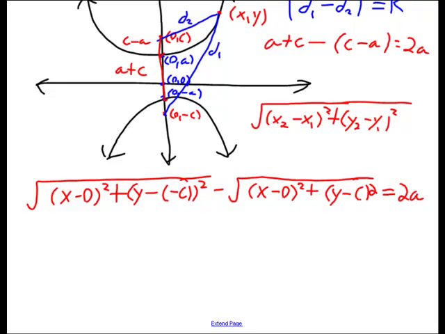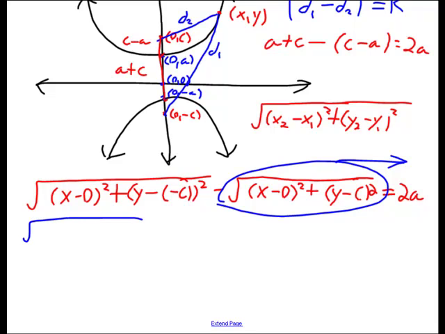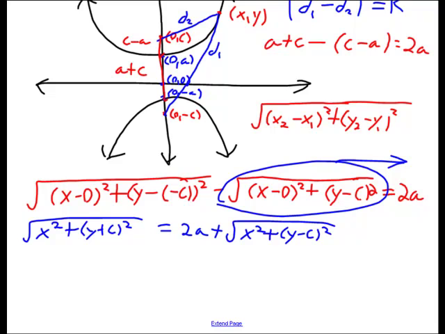So now let's see if we can just simplify that. So if we go ahead and bring one of our radicals over to the other side, I'll add that. On the left side, I'm left with the square root of x squared, just simplifying since x minus 0 is simply x, plus (y plus c) squared. That will equal 2a plus the square root of x squared plus (y minus c) squared.